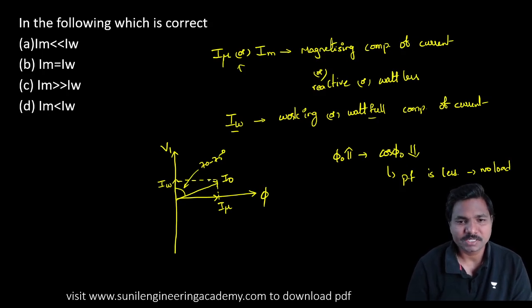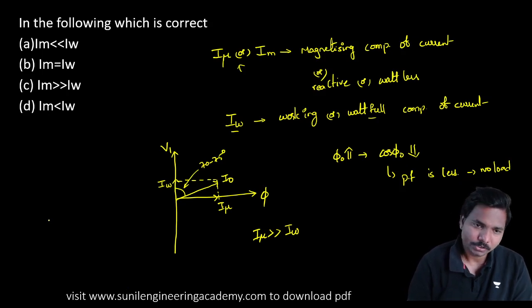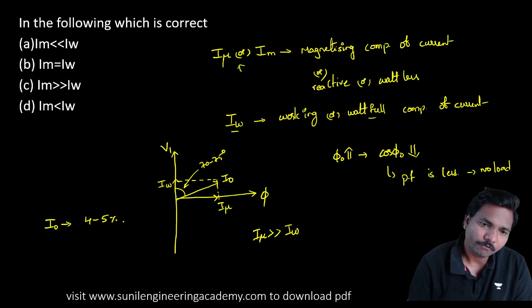In the following, which is correct? Always this I mu is double greater than Iw. Generally, if you consider I naught, the no load current, let us take 4 to 5% of full load current.